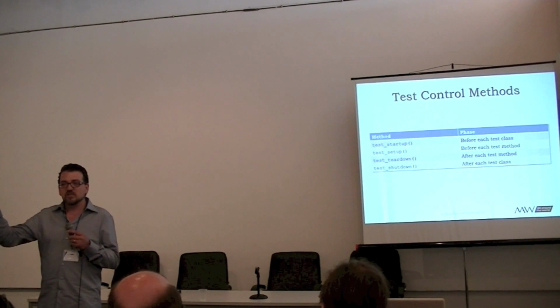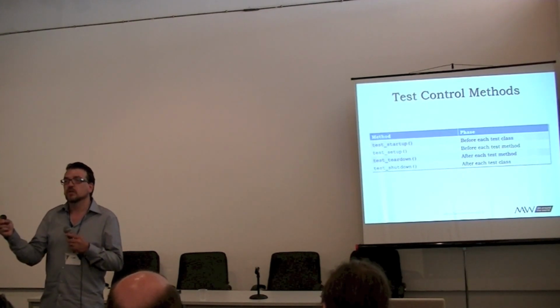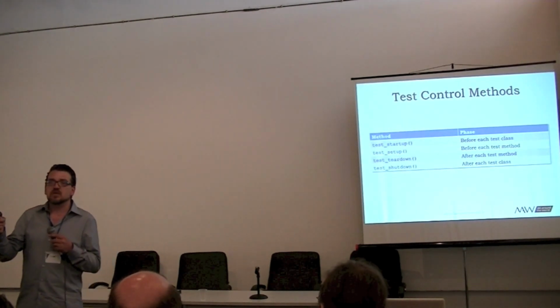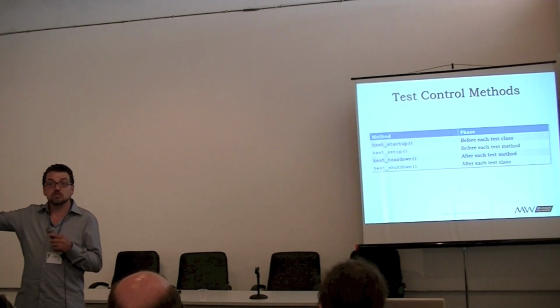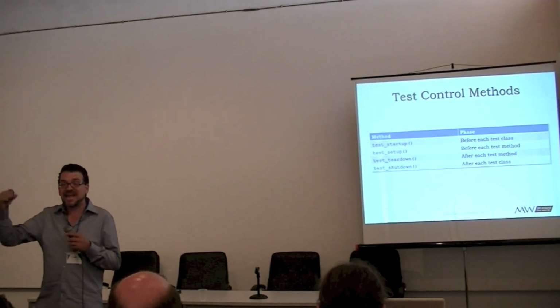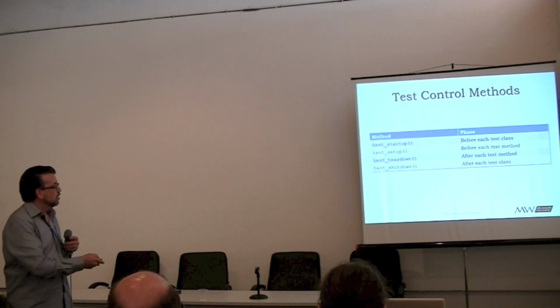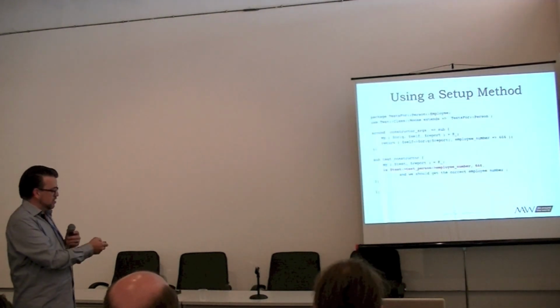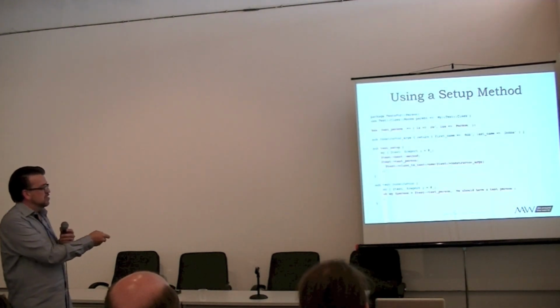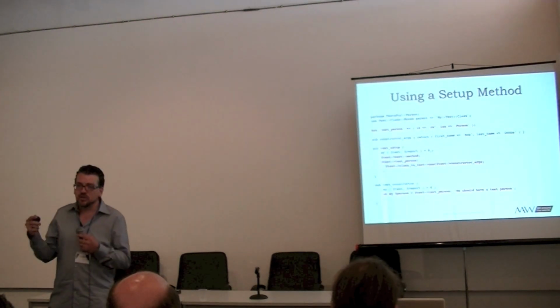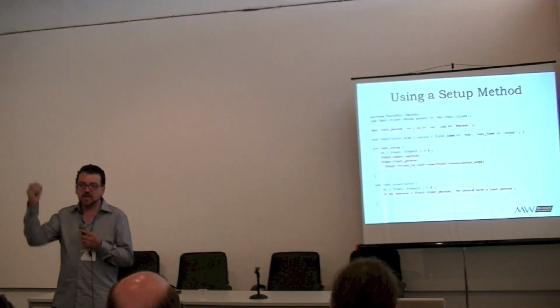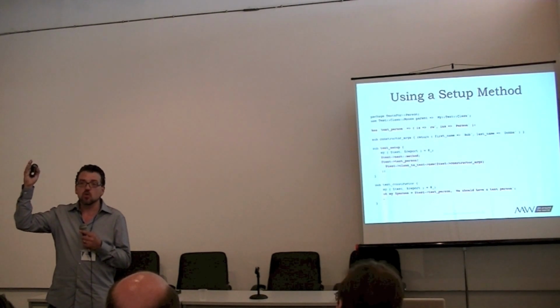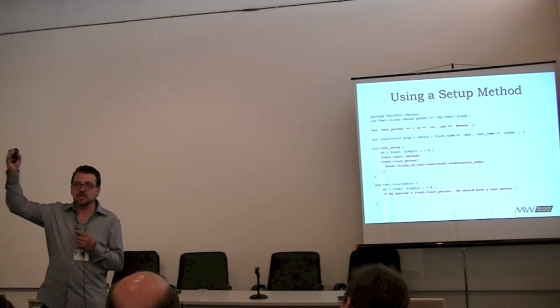You have a subclass, which also has a startup method, and this startup method maybe connects to Redis instead of your database. But it has to call the parent version, which is effectively the same thing as test super. It has to call the parent version of that method in order to guarantee that the database connection will still be available.